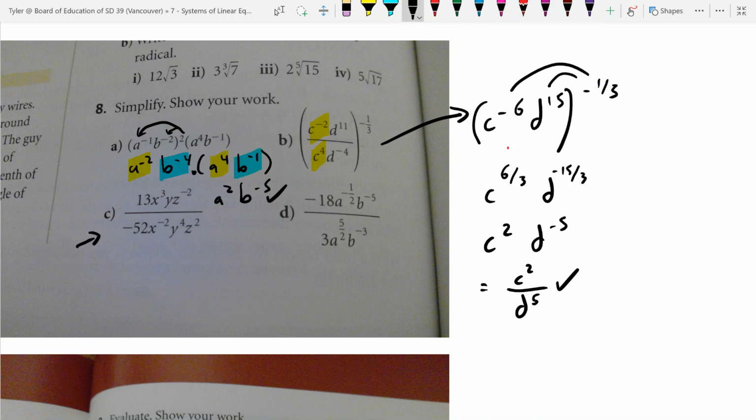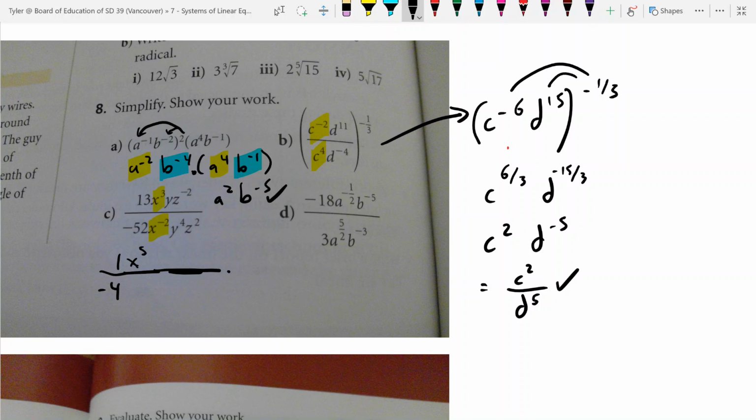Let's do this one right here. So 13 divided by negative 52 is actually the same as 1 over negative 4. Then I'm going to look at all the terms one at a time. We have x to the 3 minus the negative 2, which is like adding, so that becomes x to the 5.